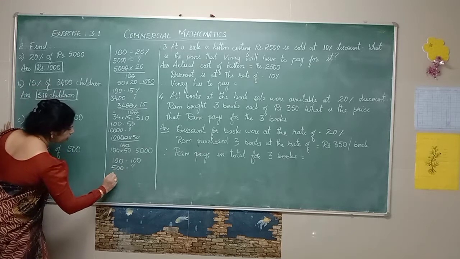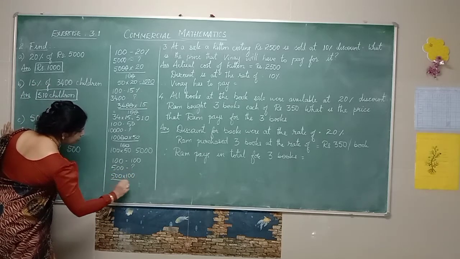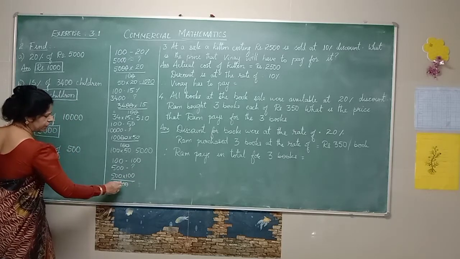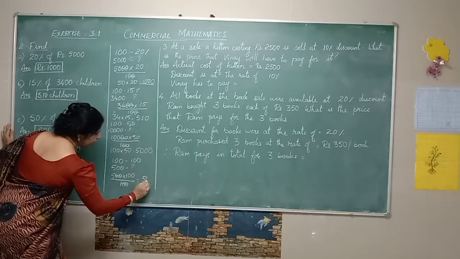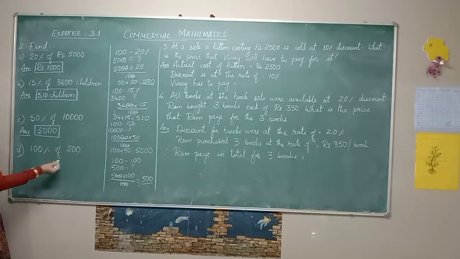So here 500 into 100 by 100 when you cross multiply. The 2 zeros went. So 100% means the total. What is the total? 500. So 500 only you will be getting as the answer.